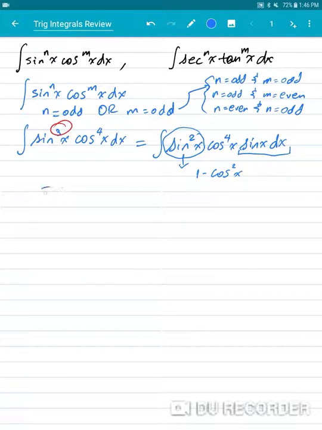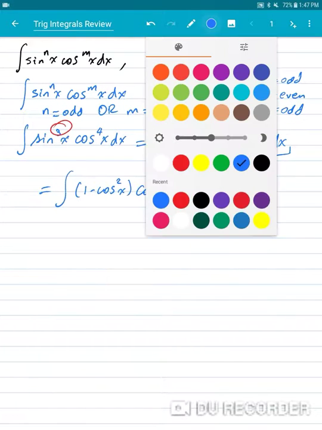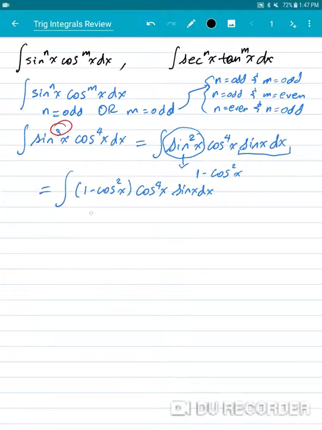So the whole integral becomes 1 minus cosine squared x times cosine to the 4th x times sine x dx. Now if I let u be cosine x, then this becomes almost du. Of course, it's negative du.